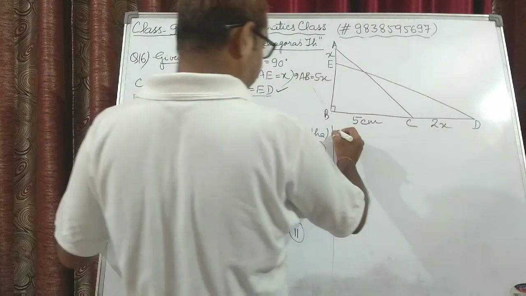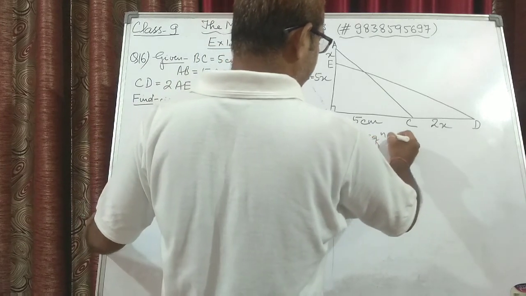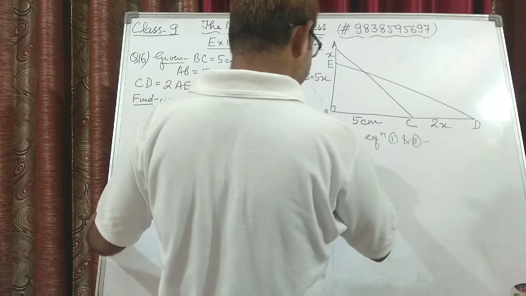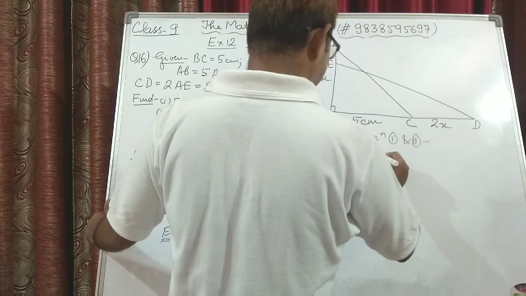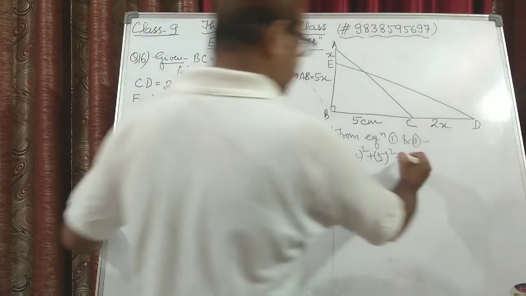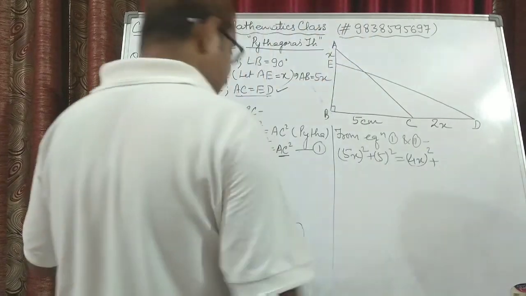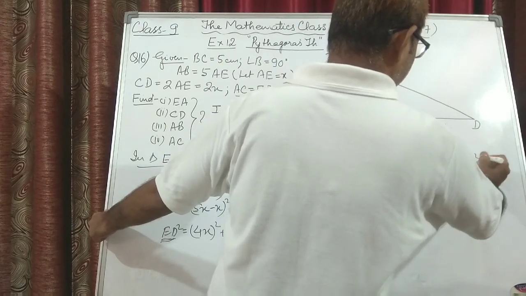So from equation 1 and 2, what do we get? We can say (5x) whole square plus 5 square, that is AC square, is equal to ED square, which is (4x) whole square plus (5 plus 2x) whole square.